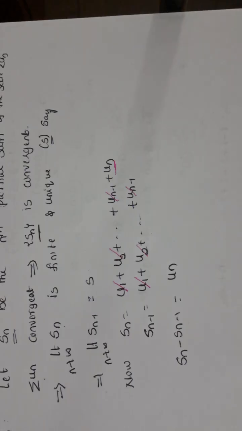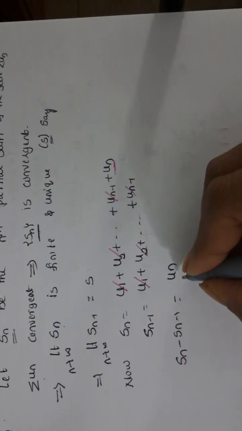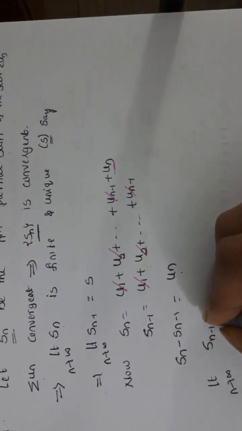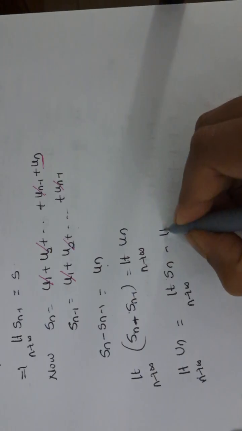Once we get the difference, let us take the limit on both sides as n tends to infinity. Limit un as n tends to infinity is equal to limit Sn as n tends to infinity minus limit of Sn minus 1 as n tends to infinity.